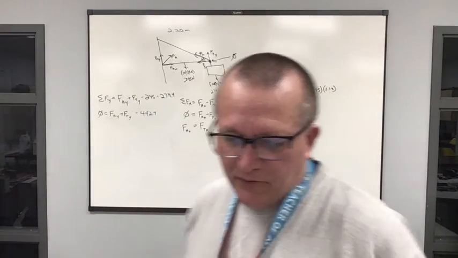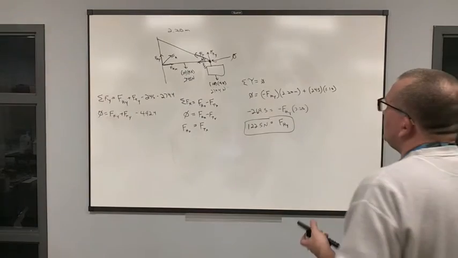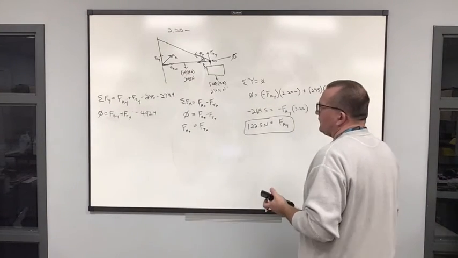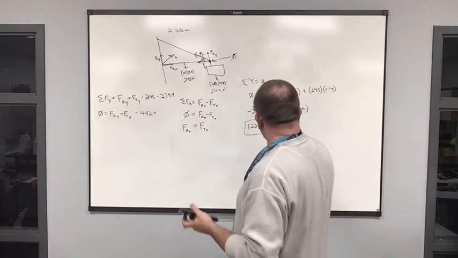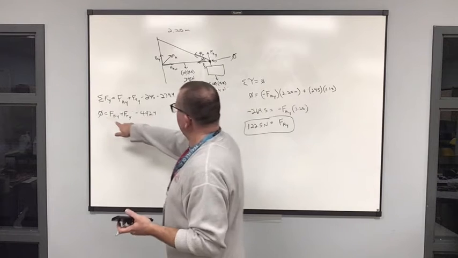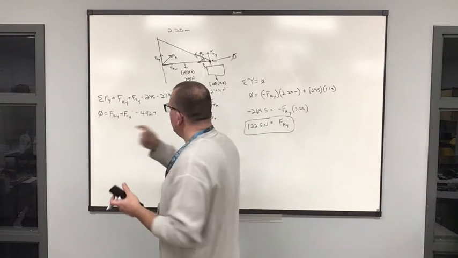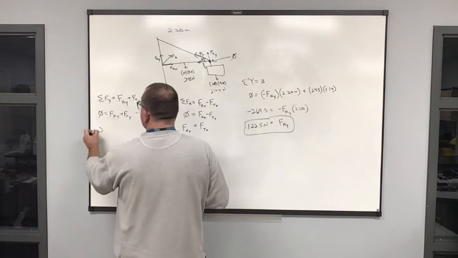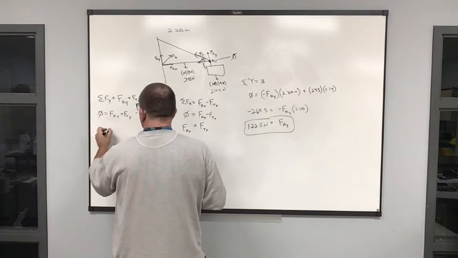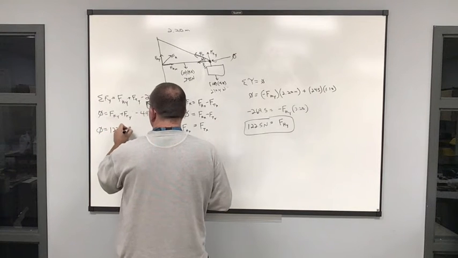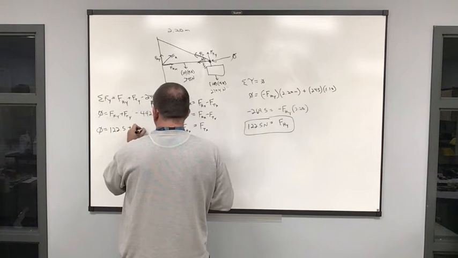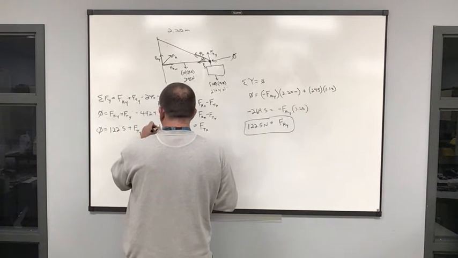So now we can start to look at other things to solve. I can put this into here, and when I do that, I got 0 is equal to 122.5 plus F tension of y minus 492.4.